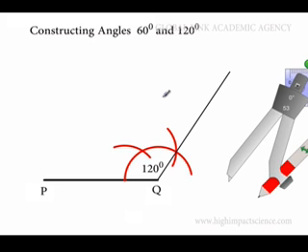Angles like 30 degrees and 45 degrees are constructed by bisecting 60 and 90 degrees respectively.